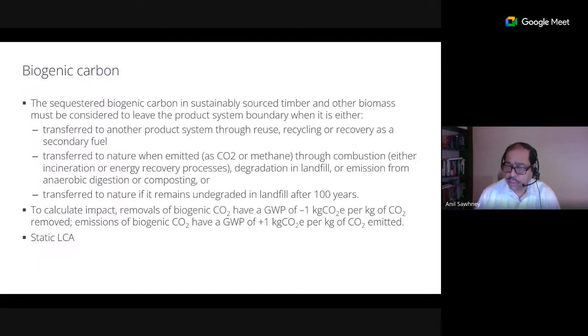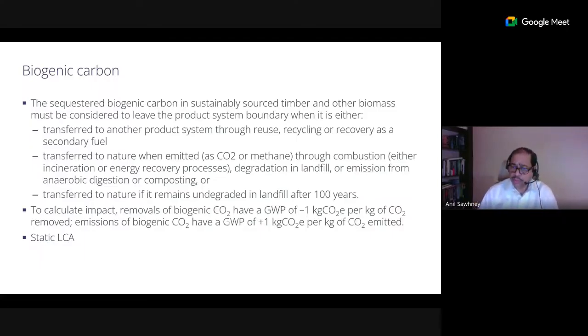You will consider emissions at that stage. So basically, when it enters your system, you get a credit for the carbon that is stored in the biomass, and when it leaves your system, you release that carbon dioxide back if there is no recycling, reuse or recovery.